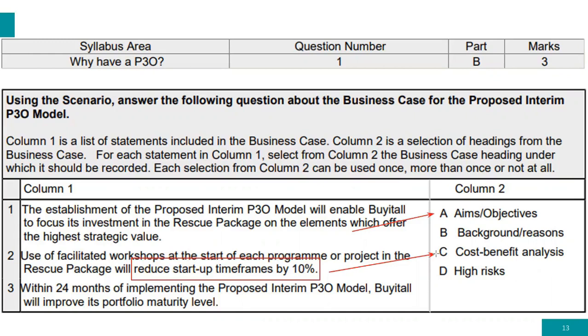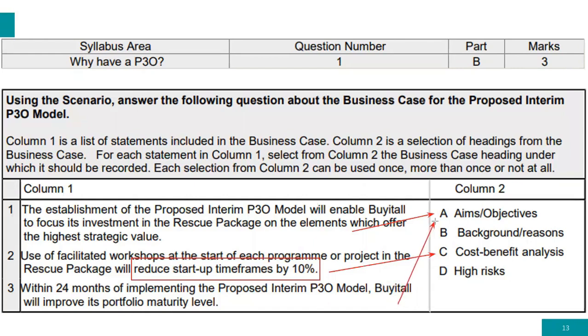And the last one, within 24 months of implementing the proposed interim P3O model, Buy It All will improve its portfolio maturity level. Now, this is more an aim. So you could map number 3. Apologies, let me just use the arrow tool in the annotations.